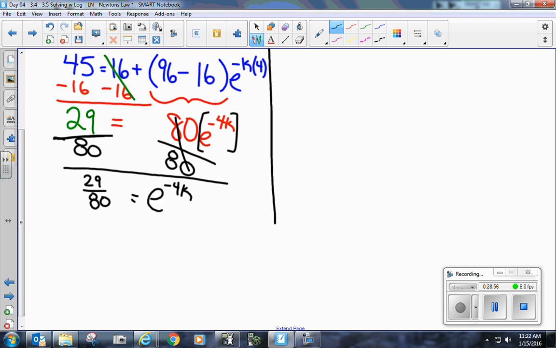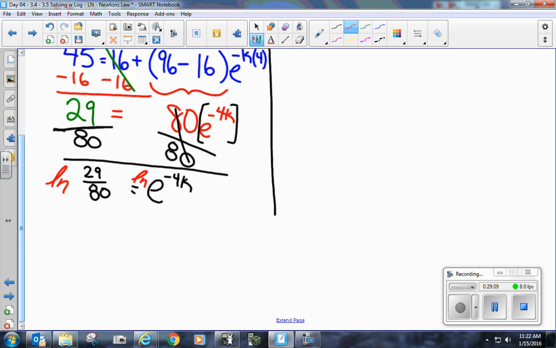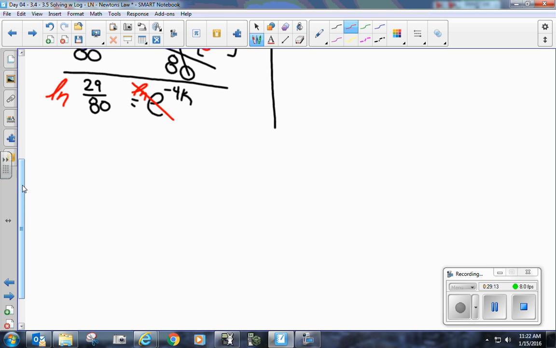Now, I have to do the natural log. How do we solve for k? If I take the natural log of this side, I have to take the natural log of this side, right? And doesn't my natural log and e cancel? Yep. So right now we have the natural log of 29 over 80 equals negative 4k. I'm rewriting a lot of this so you can see the steps in your work when you want to look back at it.